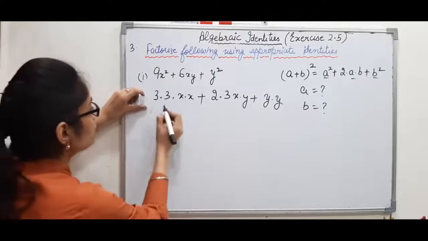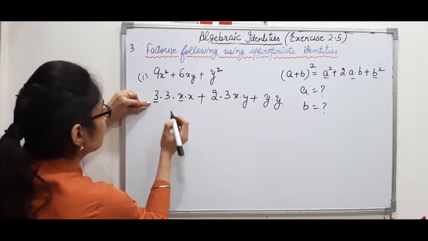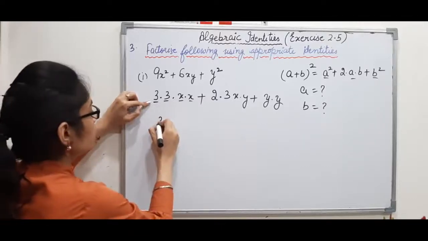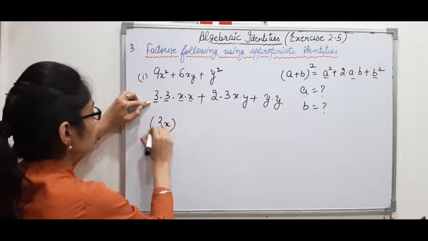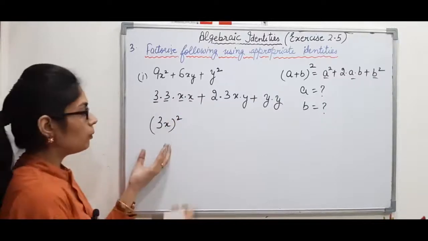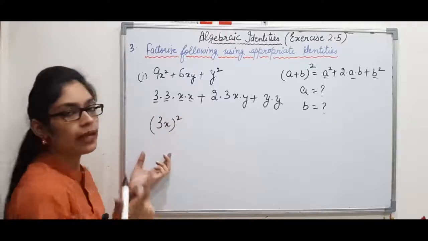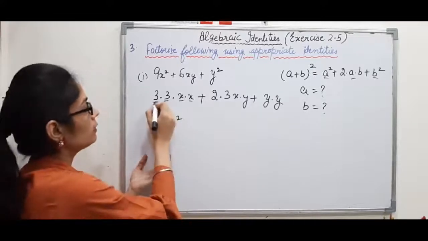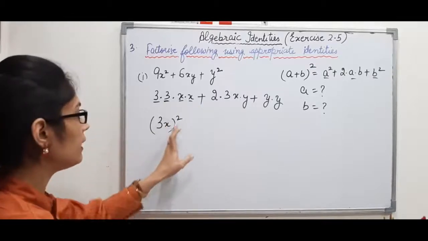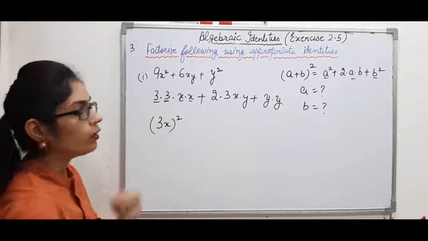Before that, you can see here 3x and 3x. 2 times 3x is there, so you can write 1 time 3x and put square over there. If anything is 2 times, you can put square on the term and write the term 1 time. See, 3 is also 2 times and x is also 2 times. So I have written 3x and I have put a square on 3x.